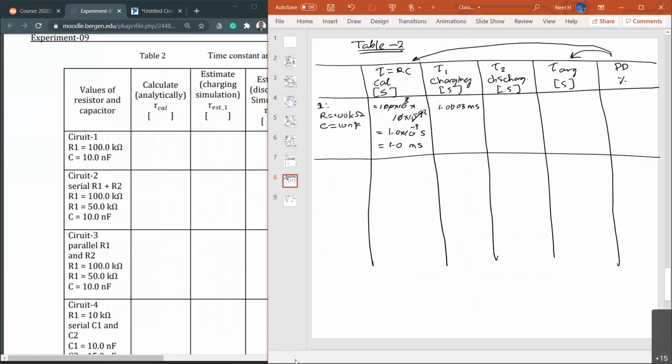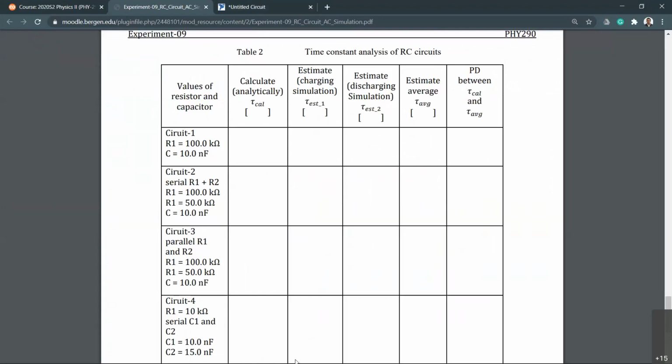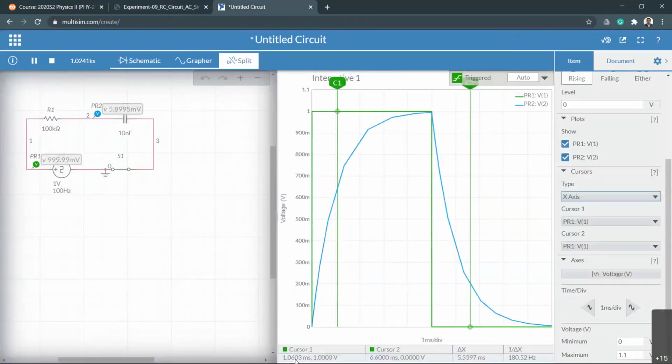Now I need actually second units here, which means I have to multiply all of these by 10 to the negative 3 because I need the same SI units in both cases. Multiply by 10 to the negative 3. So I have about the same value, but they are slightly off, a percentage error there. That's okay because that's our reading error, right? One problem here is I can't really have both cursors together to find the crossing point. So I have to remember where the 630 point is and then take that.